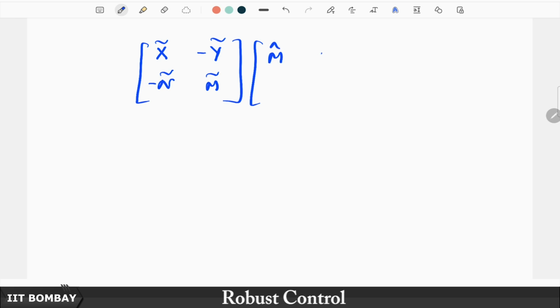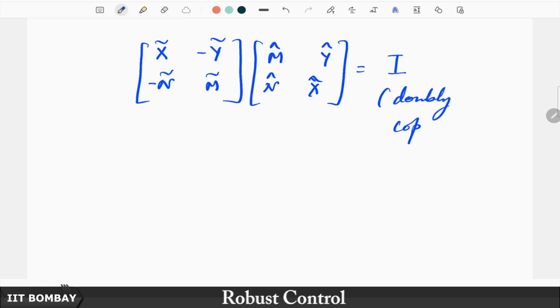This is going to be the key. If you are not sure of this, please revisit the earlier lecture where we have established that this must be true, so that you are convinced that we are not just pulling some arbitrary trick out of the hat. So, this is the doubly coprime factorization.